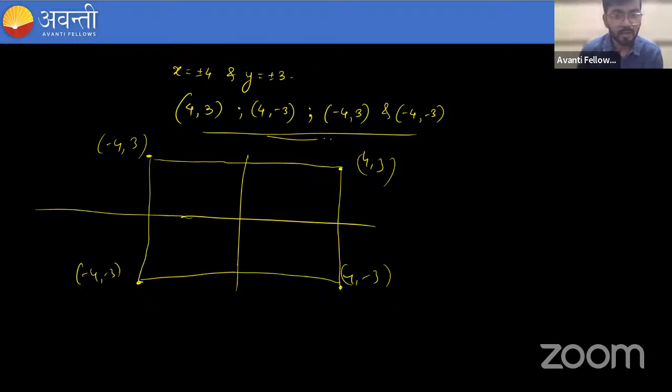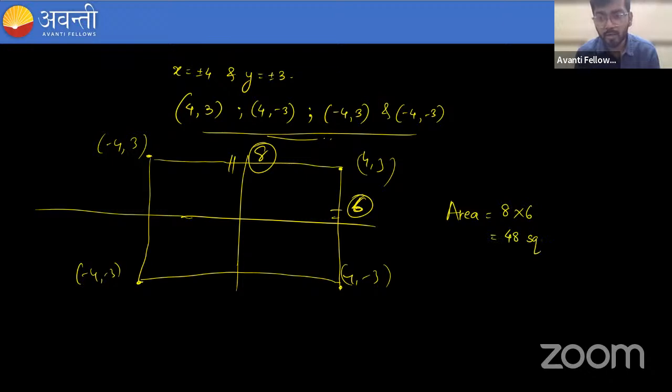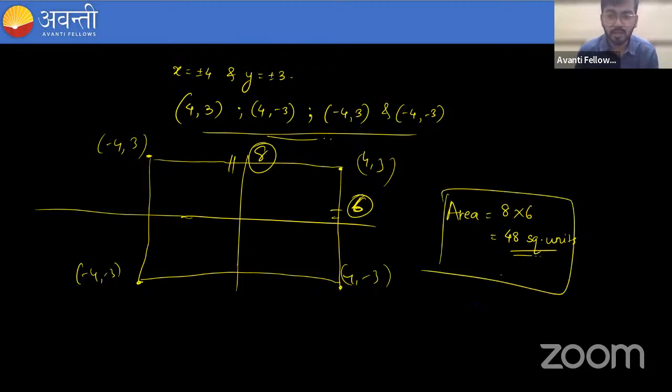So the area enclosed by the rectangle will be the product of length into breadth. So this length is coming out to be 8 and this breadth is coming out to be 6. So the area is 8 into 6, 48 square units. Therefore, the answer to our question is 48 square units.